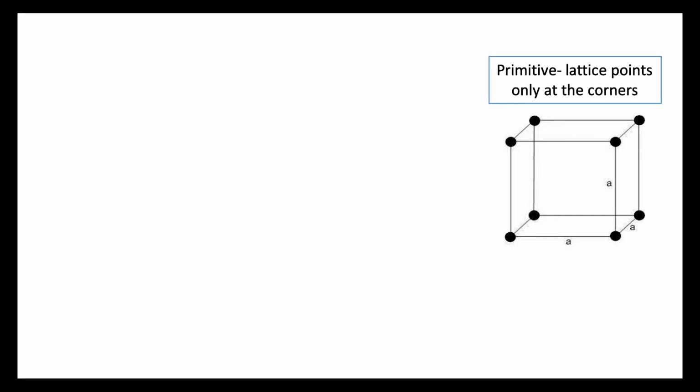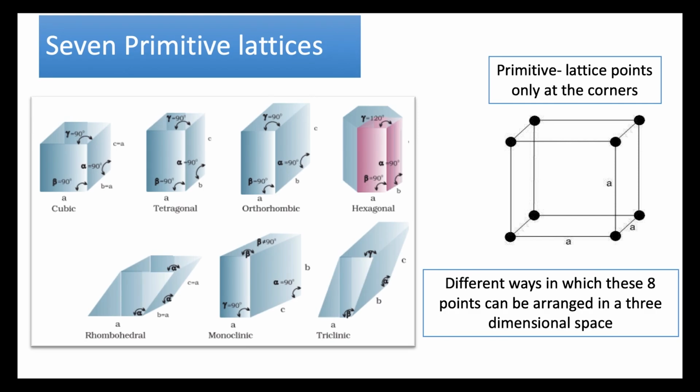We have studied that in the primitive unit cell, there are 8 lattice points and these 8 points are at the corners. There are different ways in which these 8 points can be arranged in 3-dimensional space and these are the 7 basic crystal systems that we have seen earlier. So, there are 7 primitive lattices.